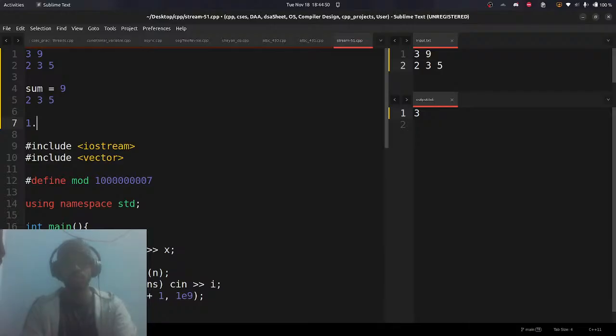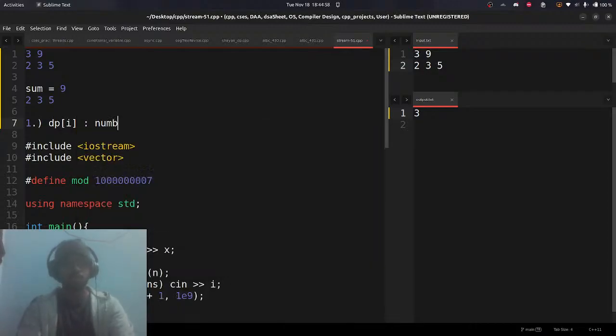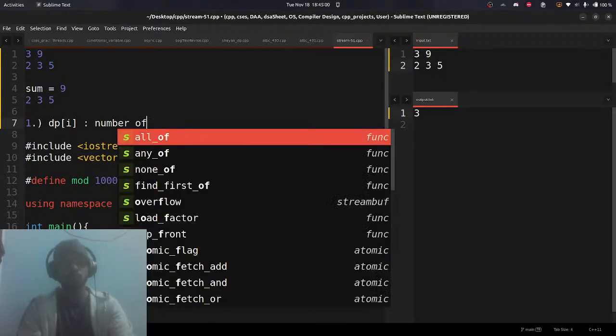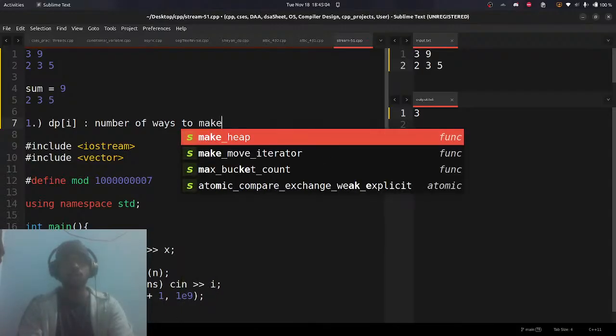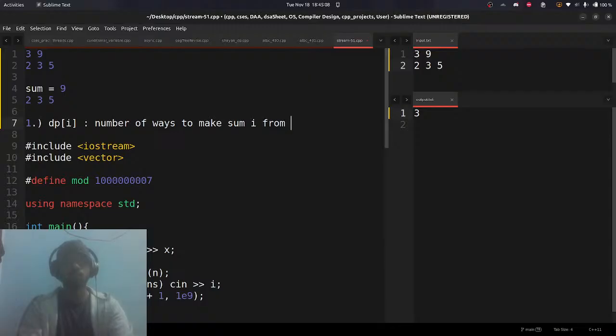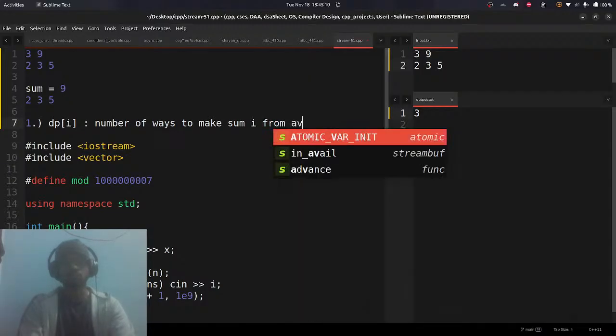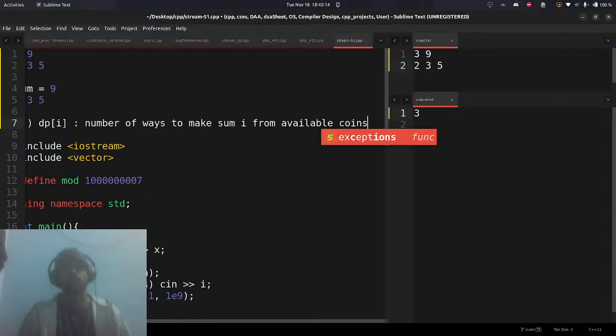So what can be the DP state? Basically, the number of ways to make some sum i from the available coins, maybe something like this.